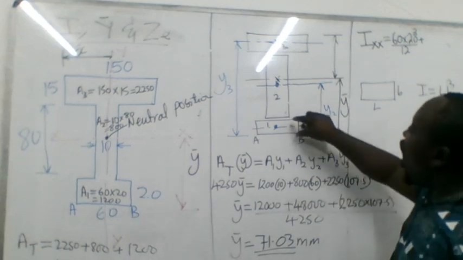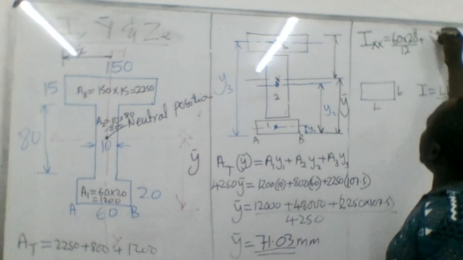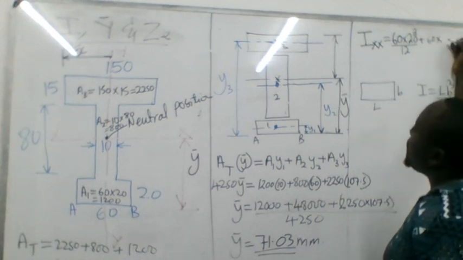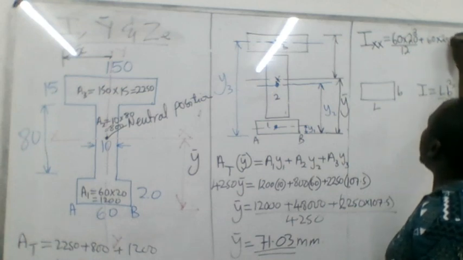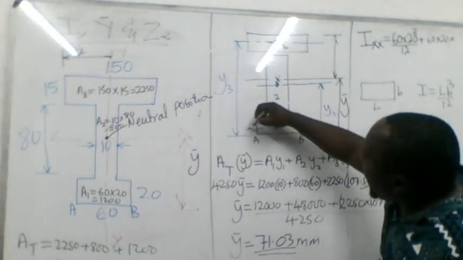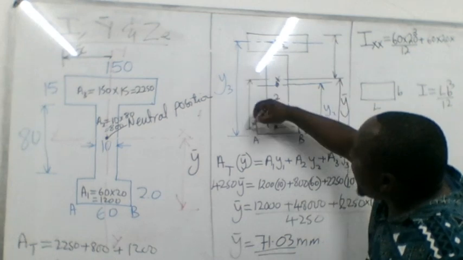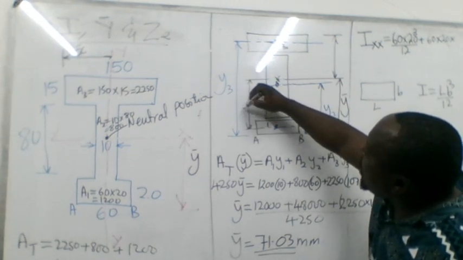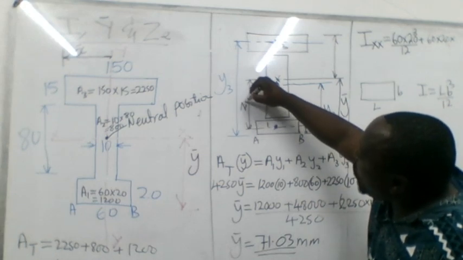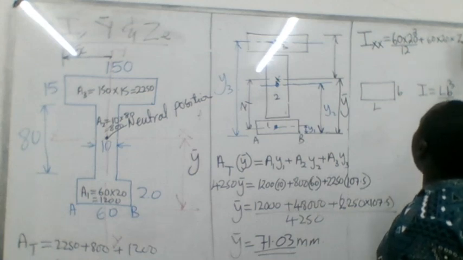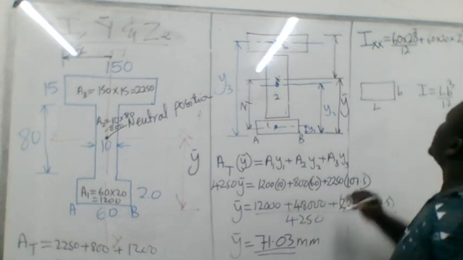Now, because it is offset, that is why we say 60 times 20 times the distance from there to there, where the white bar ends. That distance I'll call Z1, times Z1 squared.